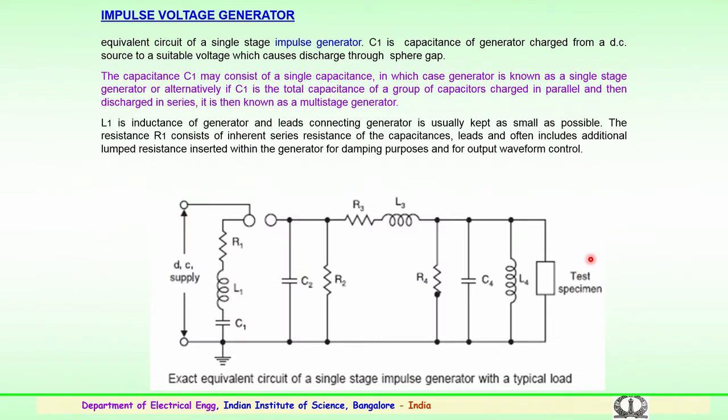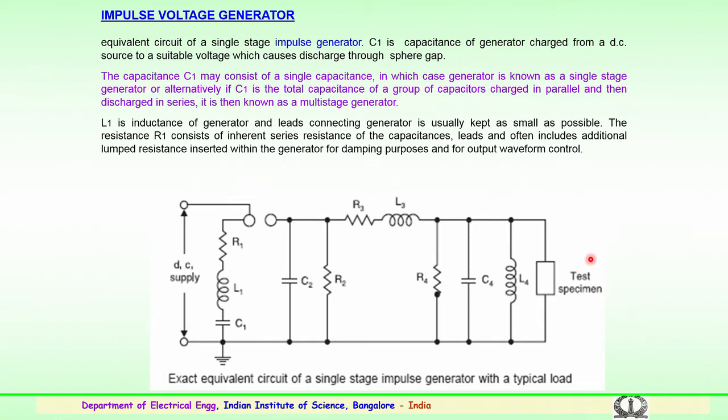Next, we have looked into the generation of DC for laboratory testing. The second was about the AC aspects, how the high AC voltages are generated, which will be used for the testing of equipment.